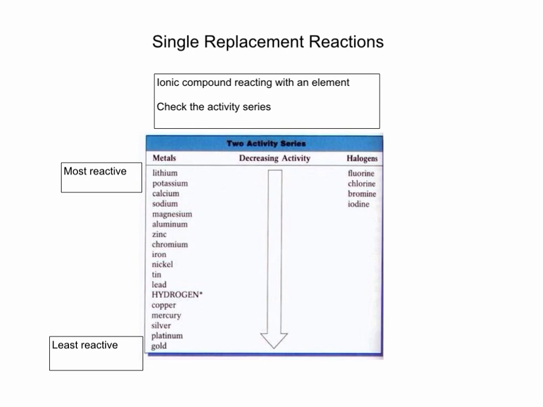So, most reactive on the top, least reactive on the bottom. Same thing for the halogens. Fluorine is the most reactive halogen, iodine is the least reactive halogen.